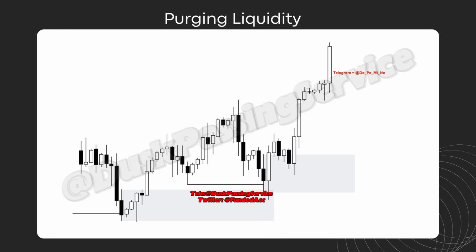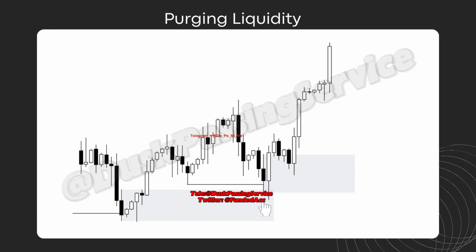Now what you can also see right here is that before we tested this bullish order block, we formed this high, which generated liquidity below this low, and then price came down and took out this low with this particular candle. Now again, based off the definition of an order block, we've taken out this range low and purged liquidity below it with this candle.